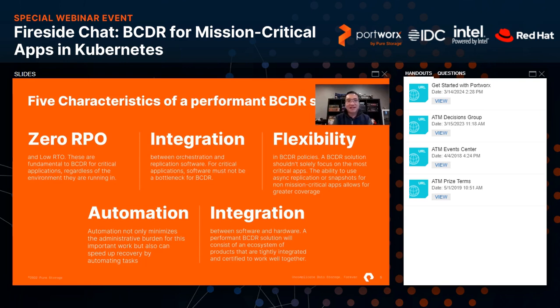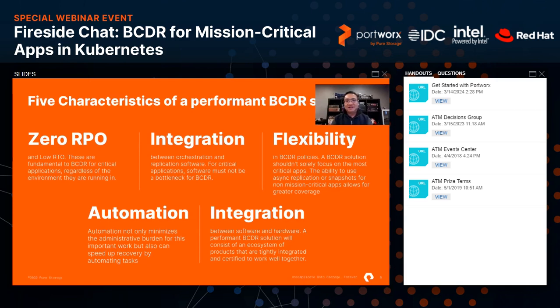We need to make sure that that's not one of the bottlenecks for this BCDR solution, because it serves as a critical junction point where not just the data, but application artifacts, secrets, and basically all the parts that you need to rebuild everything in the recovery environment are all here. You don't want the integration between those two pieces of software to be where the problem lies. You want them to be working perfectly together.